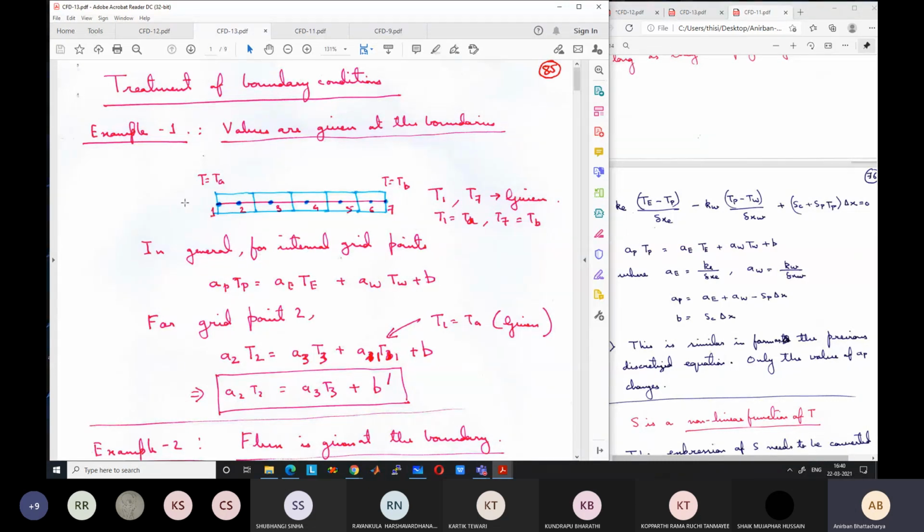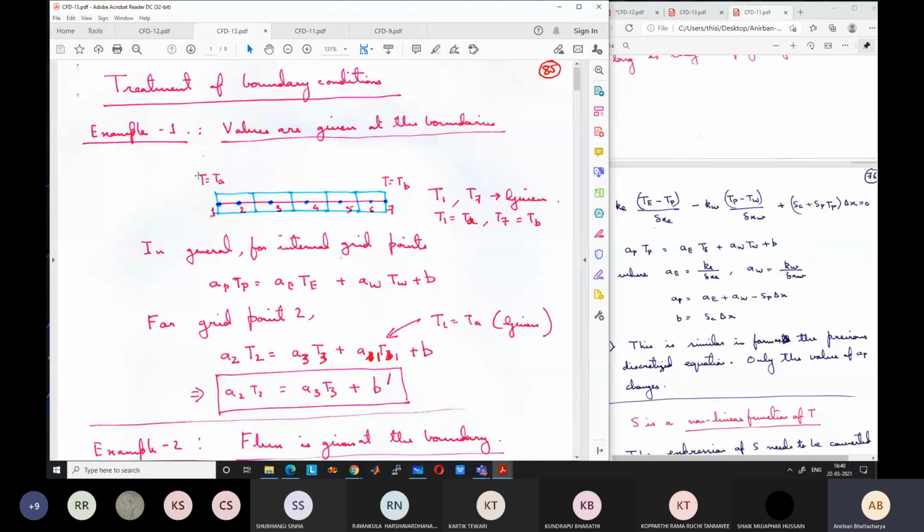If this is the case, for the internal grid points there is no issue. We will still use the same equation, APTP equal to AETE plus AWTW plus B. And T1 and T7, the grid points on the boundary, have known values because they are given to us. Say T1 is equal to TA and T7 is equal to TB, where TA and TB are given to us.